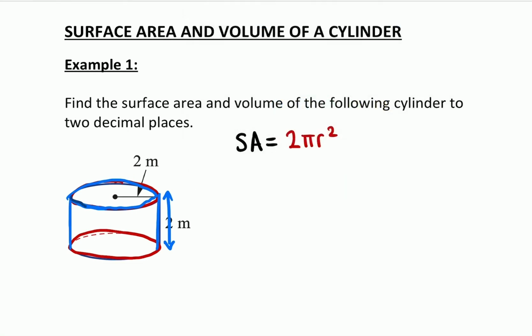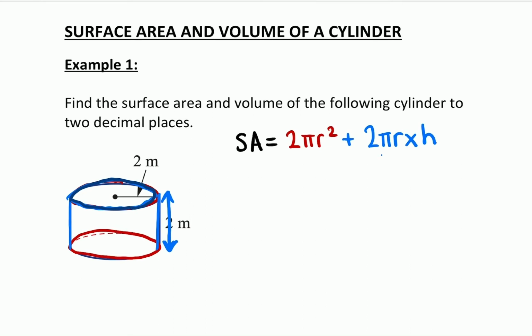It's actually just going to be this length here, but it's a curved length at the moment. So if we can find the circumference of the circle, we just need to multiply it by the other dimension of the rectangle, which is this height here. So it's just going to be 2 pi r, which is the circumference of the circle, times the height of the cylinder. That's the 2 dimensions of the rectangle.